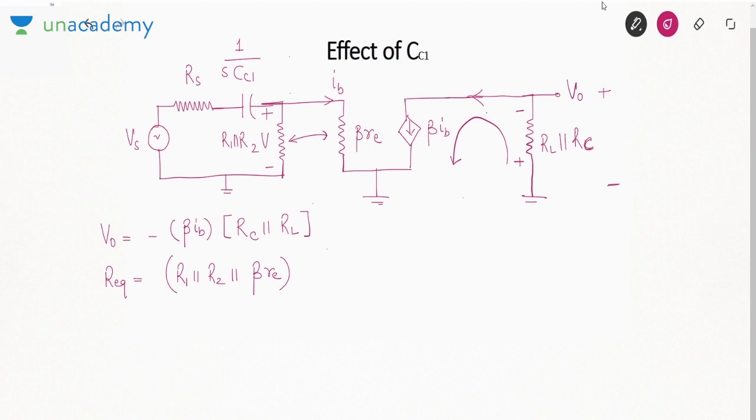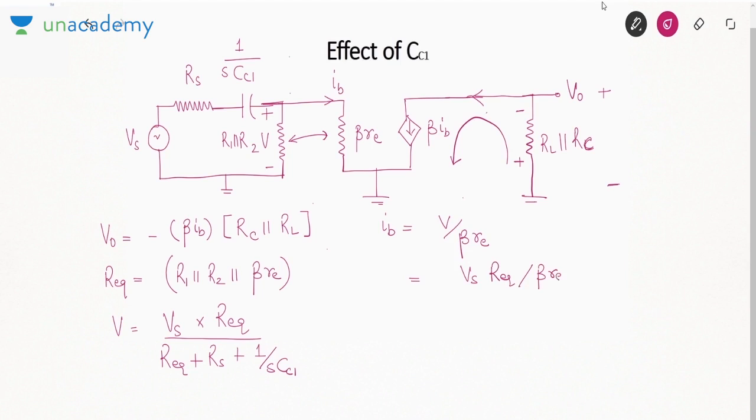I'll try to find this voltage V. V is Vs into R equivalent by R equivalent plus Rs plus 1 by SCC1. Okay. Now once you have V, you can calculate IB. IB is nothing but V upon beta RE. That means Vs R equivalent by beta RE by R equivalent plus Rs plus 1 by SCC1.